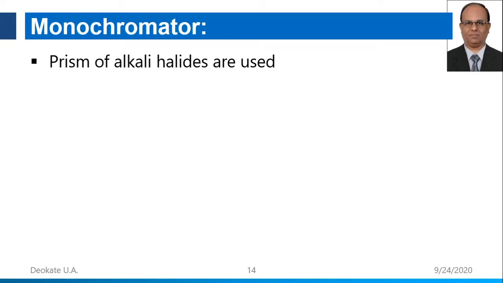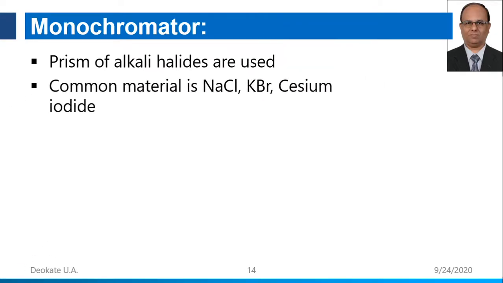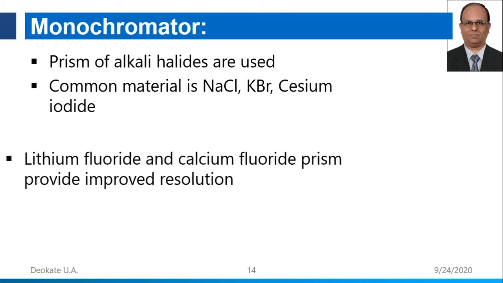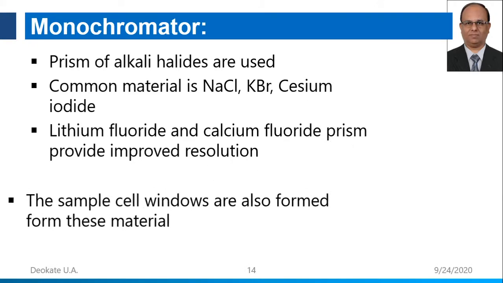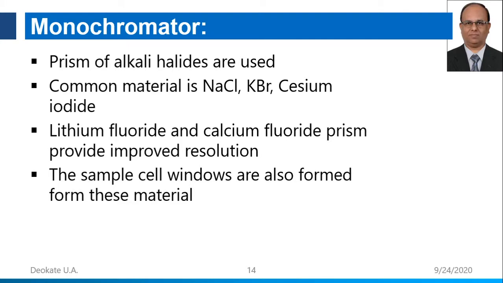Otherwise, if they absorb moisture, a fogging effect appears, resulting in non-transparency to IR radiations. Common materials used for alkali halide prisms are sodium chloride, potassium bromide, cesium iodide, etc. Lithium fluoride and calcium fluoride prisms provide improved resolution. Window cells are also made using lithium fluoride and calcium fluoride.